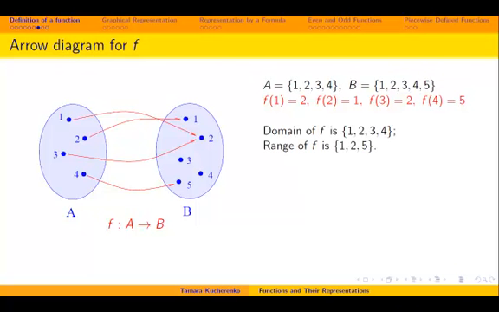The range of f is 1, 2, and 5. We do not include 3 and 4 into the range because no element from the domain is mapped into 3 or 4.